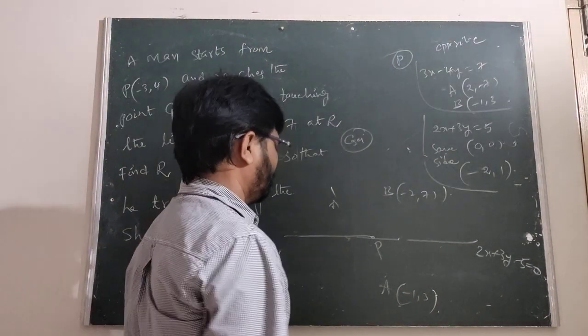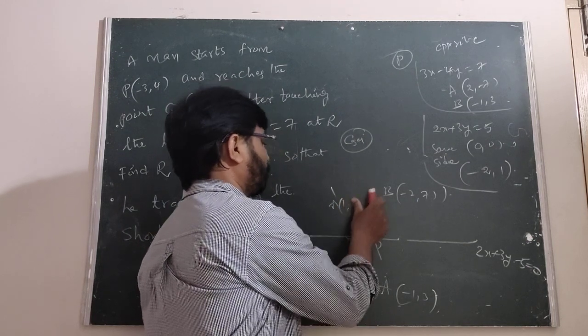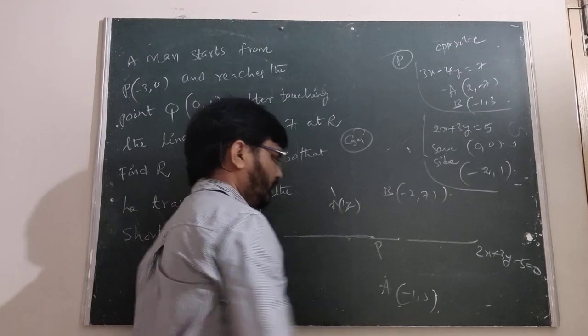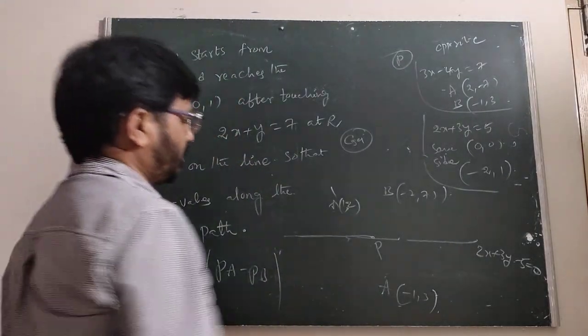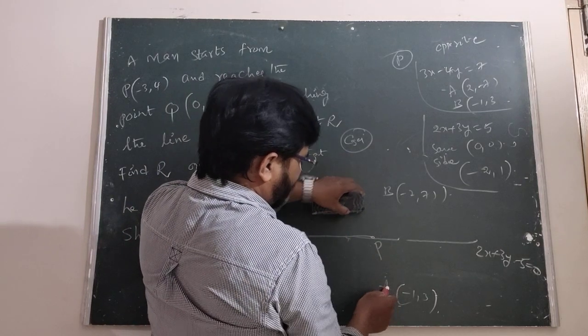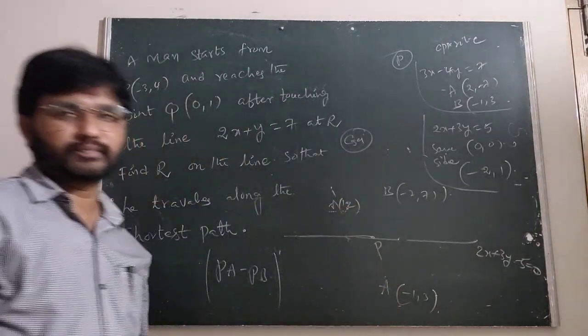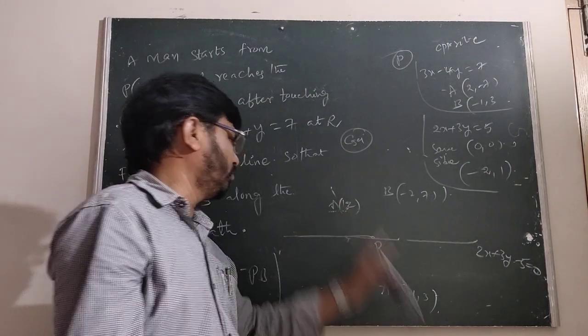Suppose we get the image as 1 comma 2. So A dash is 1 comma 2. The points are on either side of the line, and the image of minus 1 comma 3 is 1 comma 2.